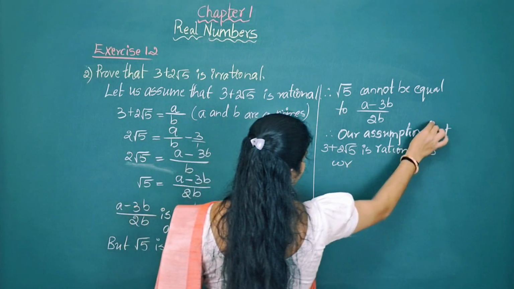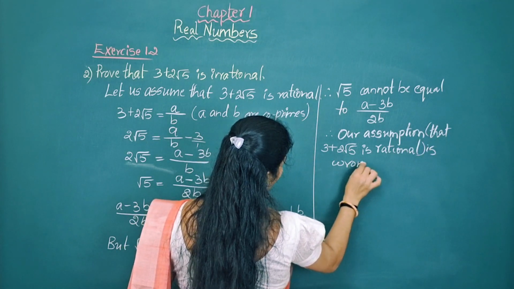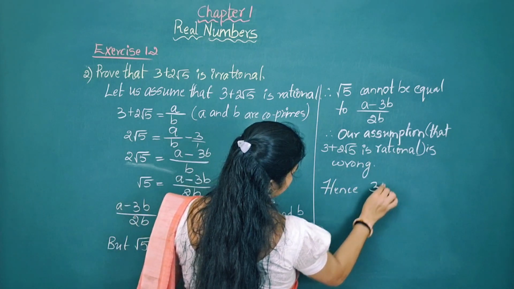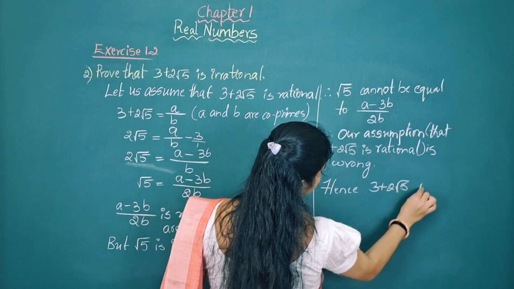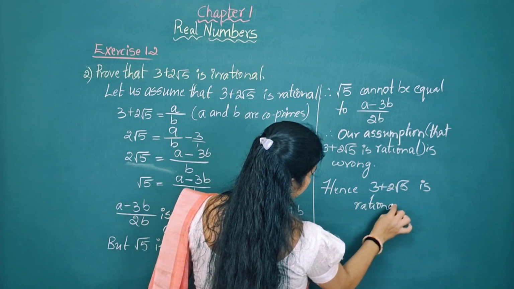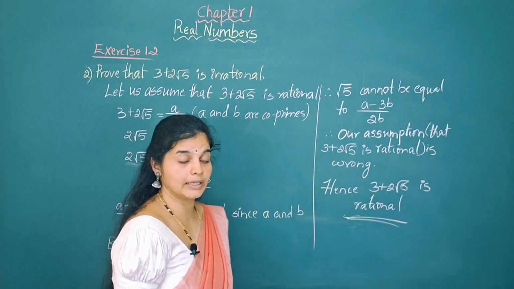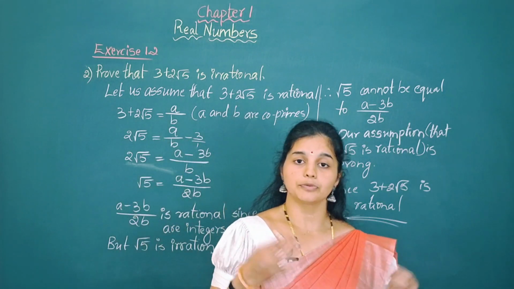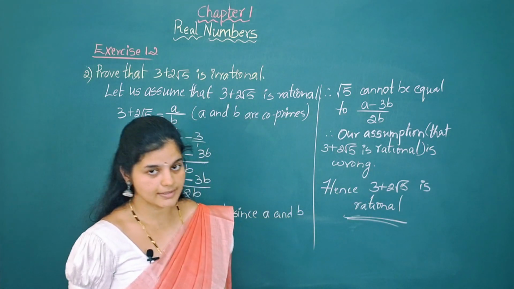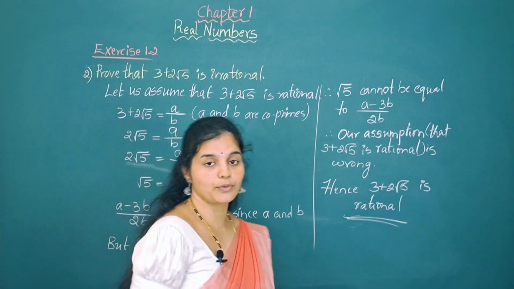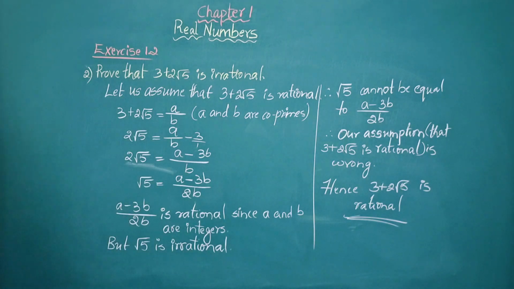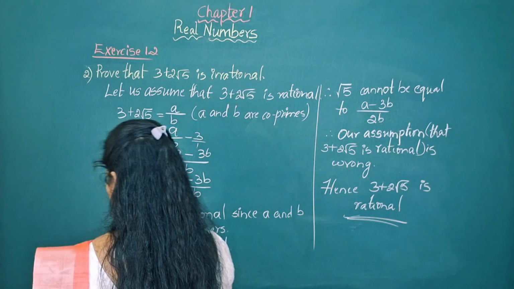A rational number cannot be equal to an irrational number, so what we have assumed is wrong. So, 3 plus 2 root 5 is irrational. And this is how you can solve question number 2. Now, let's proceed further. Let us solve question number 3.